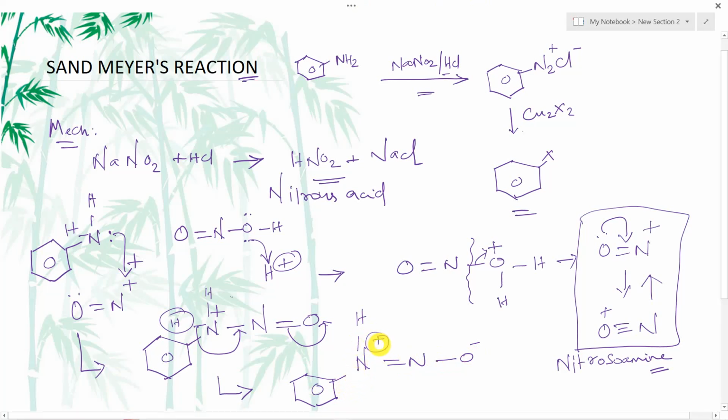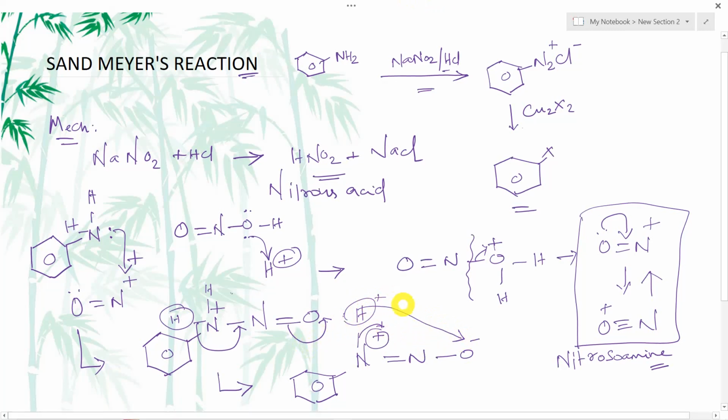So what happens here? In order to quench the positive charge, the nitrogen pulls its electrons here, right? And this becomes H plus. So this H plus gets its electrons from the oxygen.